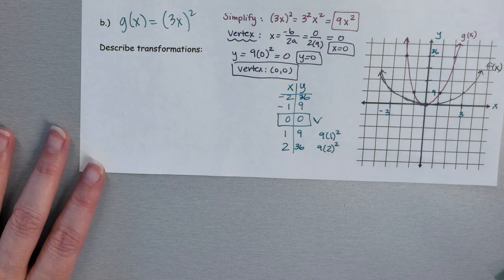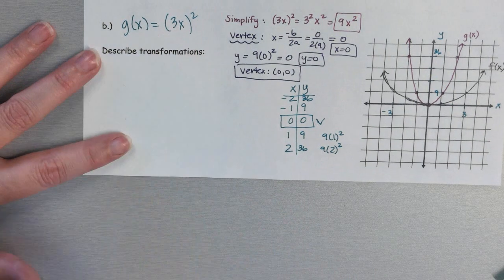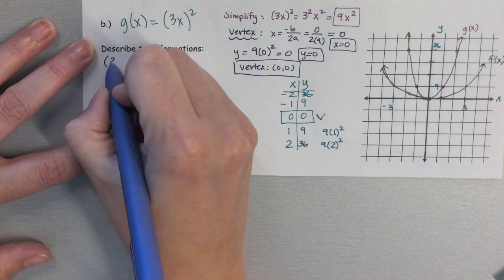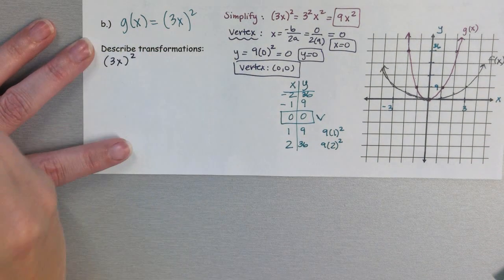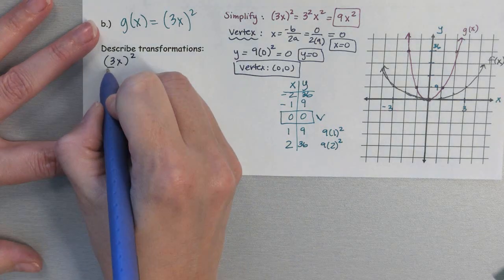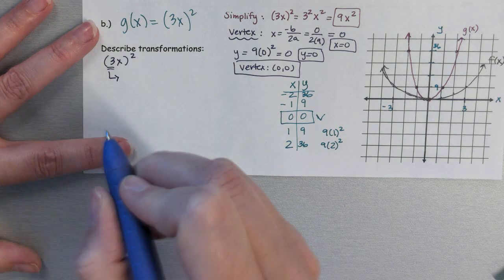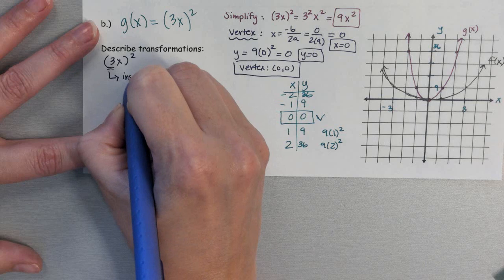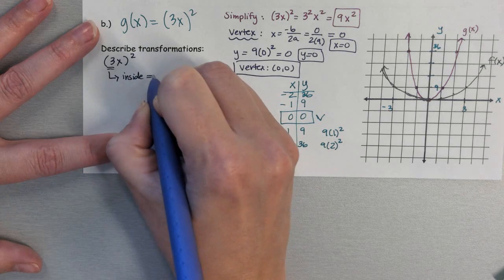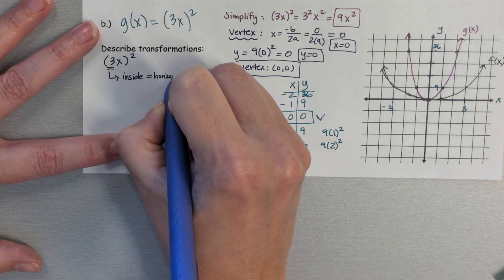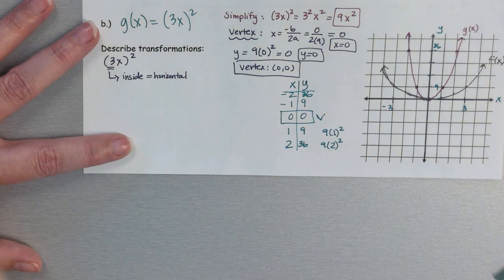Okay? So the first one is, let's look at the 3x squared. Notice where the 3 is. It's inside the parentheses. So if there's something happening inside the parentheses, that means it's a horizontal transformation.